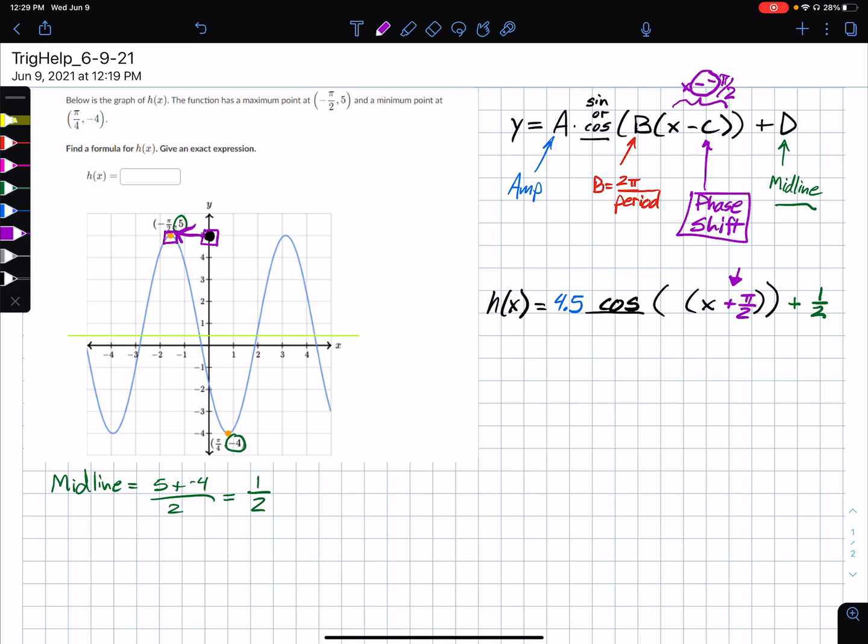Last thing to figure out here is the b value. So you can see the little formula I have there, 2 pi over 1 period will give us the b value, and we're not actually given the period, although if you look from that max down to the minimum here, that is half of a cycle. And so if you focus on the x values, you can figure out the length of half of a cycle.